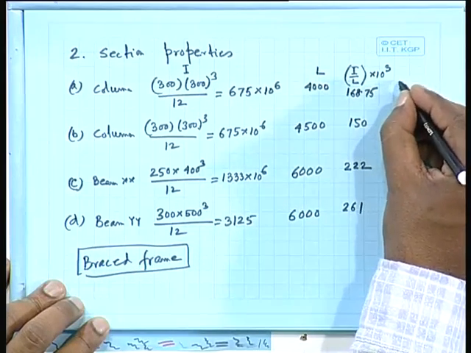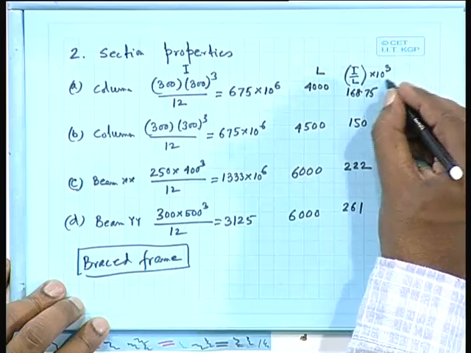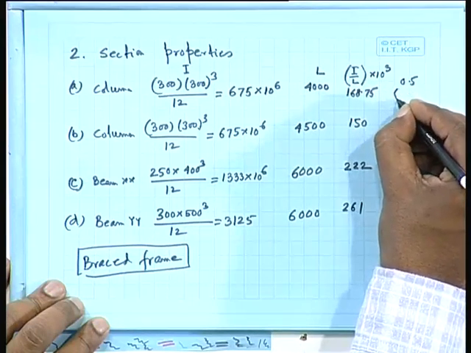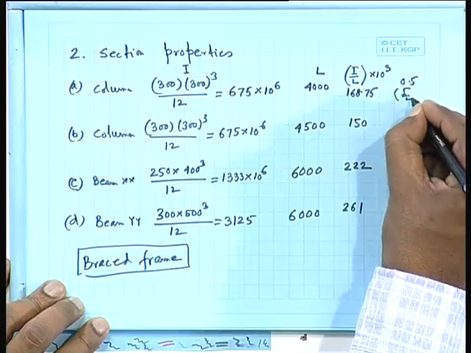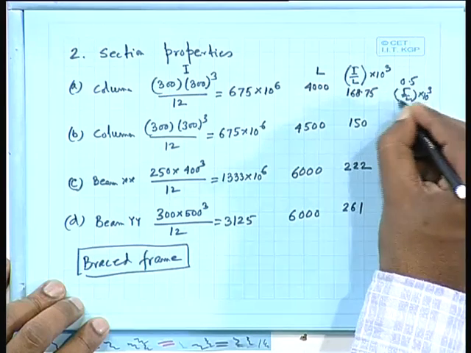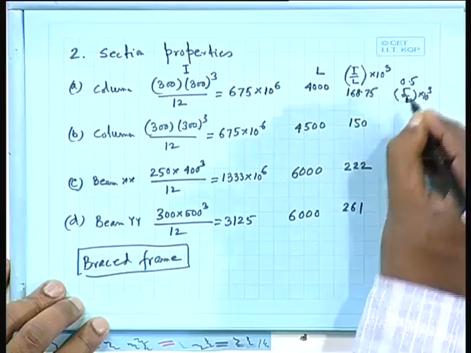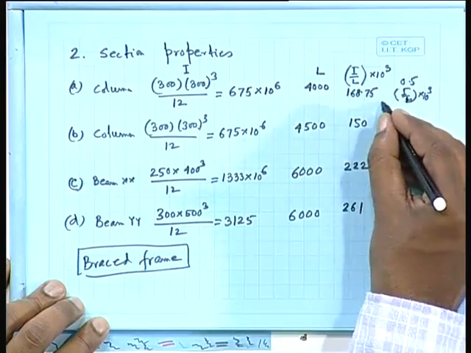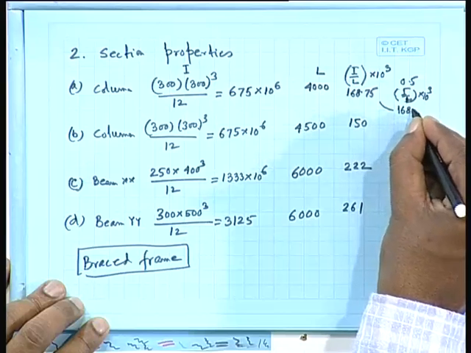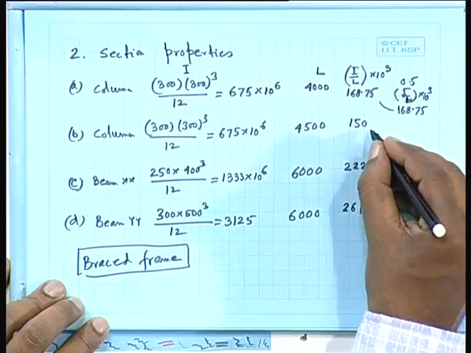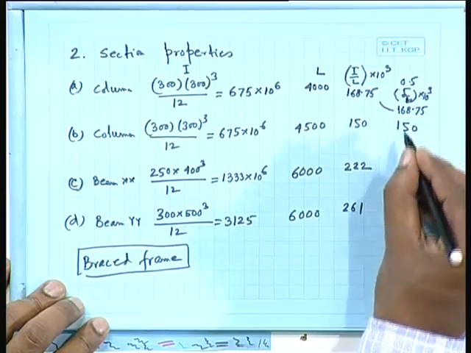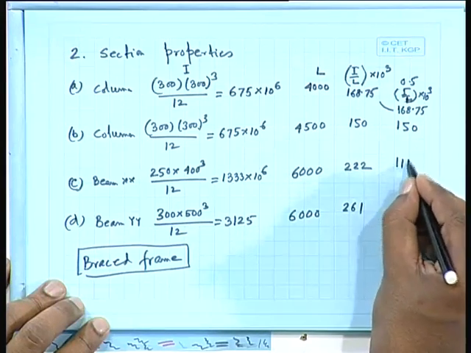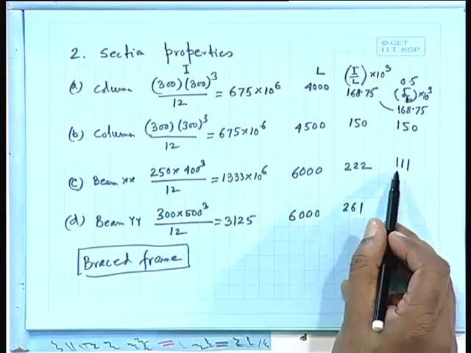The correction will be 0.5 times I by L into 10 to the power 3, the same one, I by L into 10 to the power 3, this is L. So, for columns there is no change, it will be same as 168.75, for this column also there is no change, here it will be 111, that means half of this one, that will be 111.